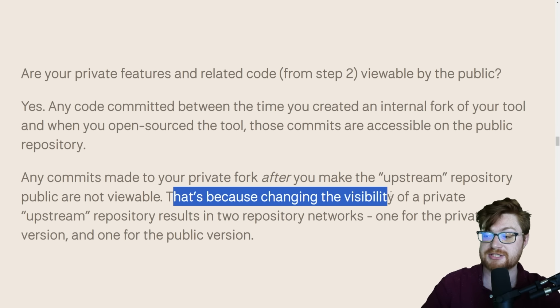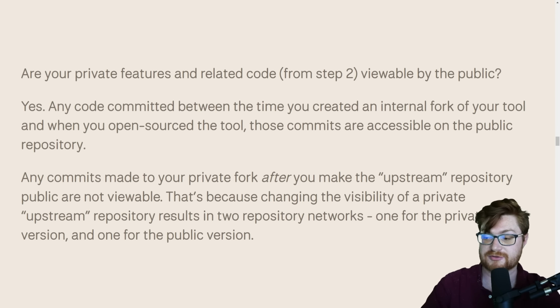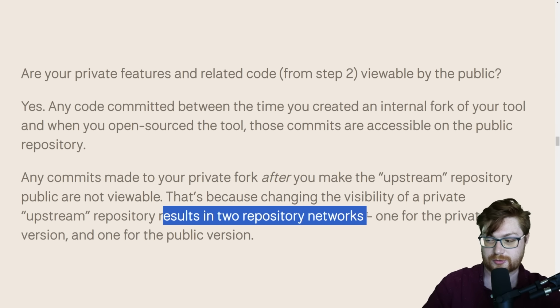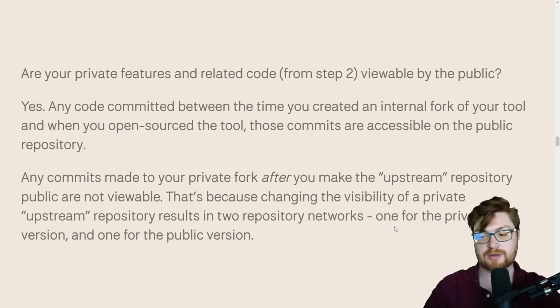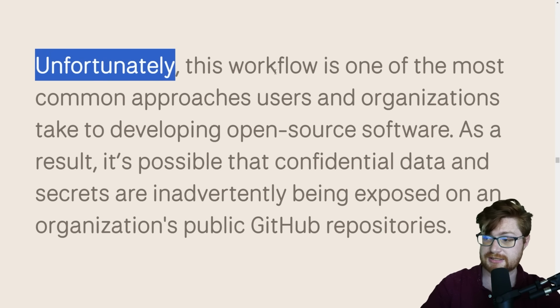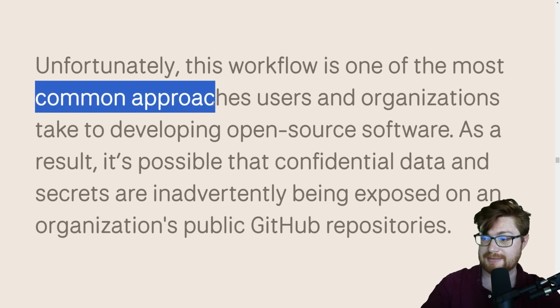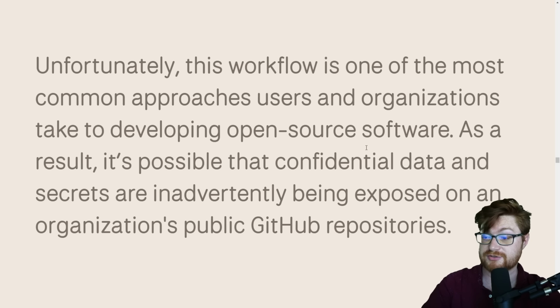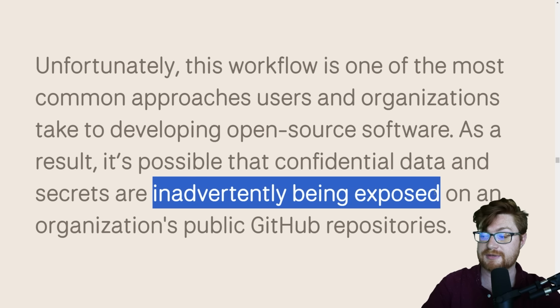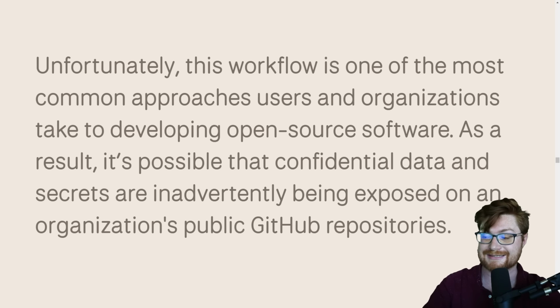That's because changing the visibility of a private upstream repository results in two repository networks, one for the private version and one for the public version. Unfortunately, this workflow is one of the most common approaches that users and organizations use developing open source software. As a result, it's possible that confidential data and secrets are inadvertently being exposed on an organization's public GitHub repo.